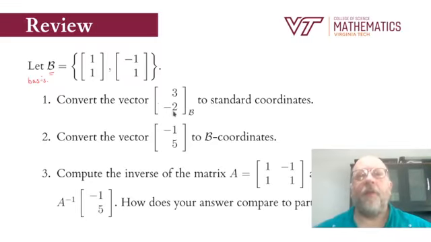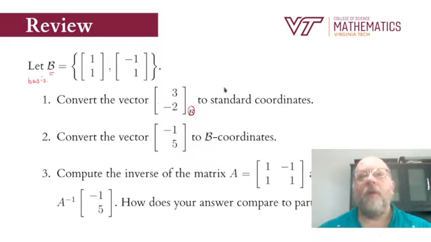And we want to convert this basis to standard coordinates. So what this says is that this is 3 units and -2 units, but not in the standard x and y directions, but in the b directions.